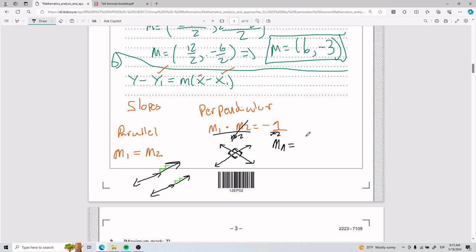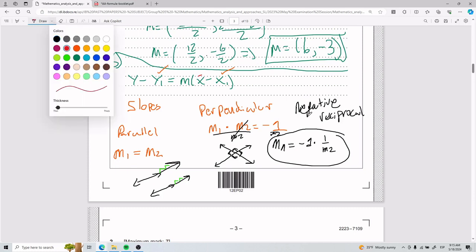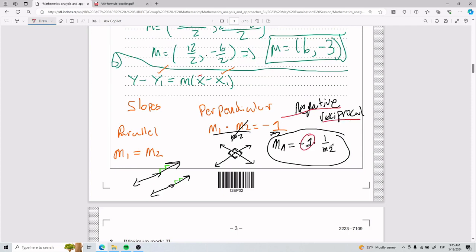So that means that m1 is equal to negative 1 times 1 over m2. And so this is what you might have heard as the negative reciprocal. So negative because you have a negative 1, and reciprocal because you're flipping the slope.